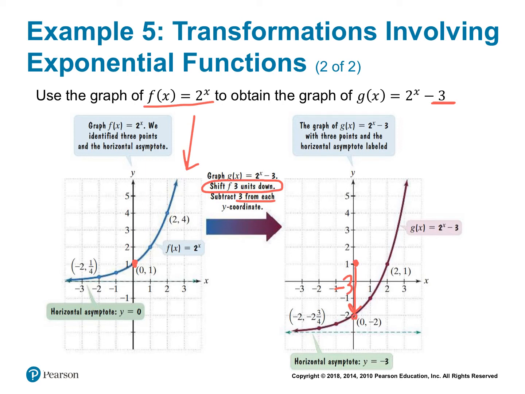So it ends up being here. And then we did that with this coordinate too. It was right here. You shift it down 3. So now this actually changes the horizontal asymptote. It moves down. So now it's approaching this line here, which is where y equals -3.